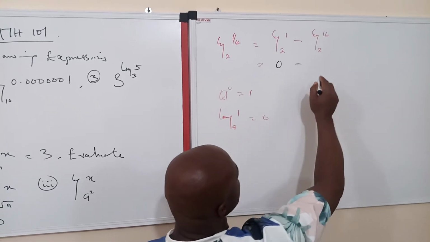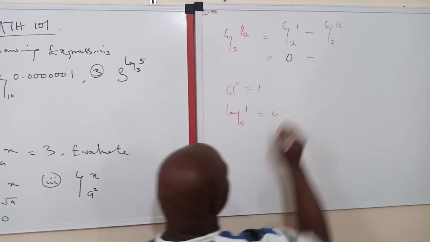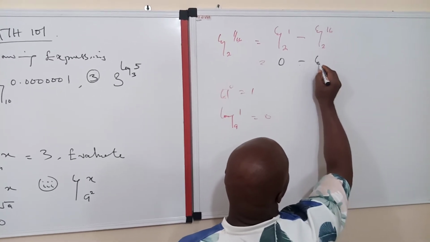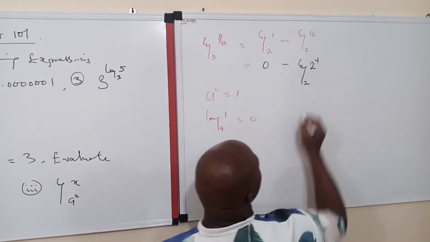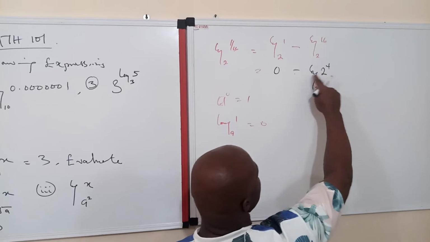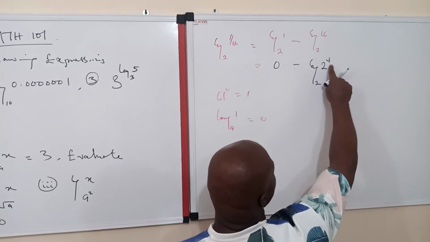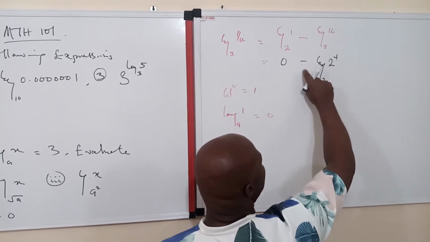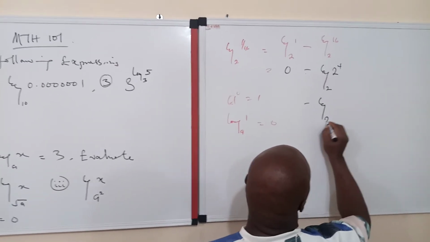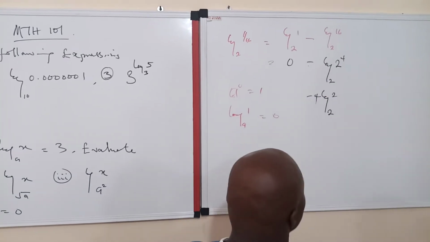And this one here, we can rewrite it so it is easy to simplify. Remember that this 16 we can write in terms of 2. It is simply 2 raised to power 4. 2 raised to power 4 is 16. We choose to do it like this so it enables us to simplify this other part. We have been told that when we have a number in terms of power, the log is equal to the product of the power and the log. So this further can be written as 4 log 2 base 2, taking the power to the front to multiply the log.